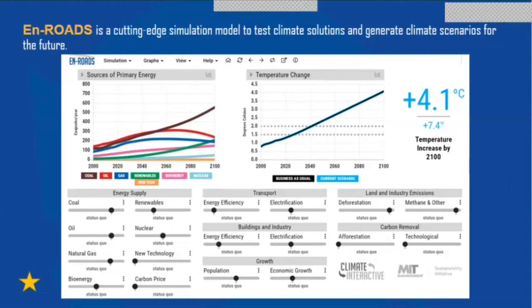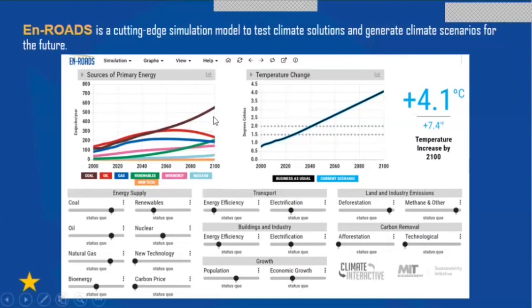And the projection is we'll see a 4-degree increase in Celsius, which is 7.4 degrees Fahrenheit, increased temperature on a global perspective.